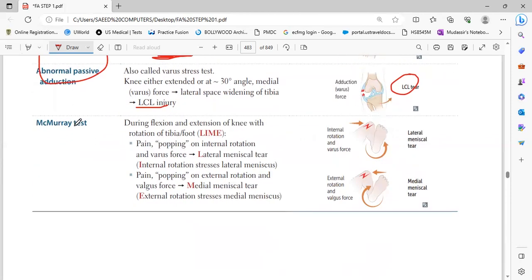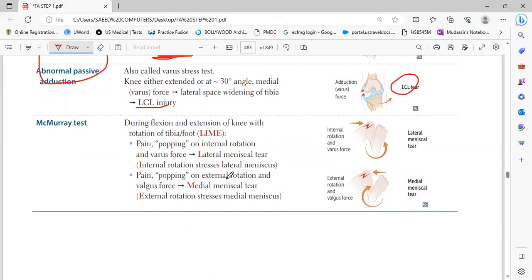Then the McMurray test, during flexion and extension of the knee, with rotation of the tibia. Here is an awesome mnemonic, LIME. Pain and popping on internal rotation and varus force is a lateral meniscal tear. Internal rotation stresses the lateral meniscus.